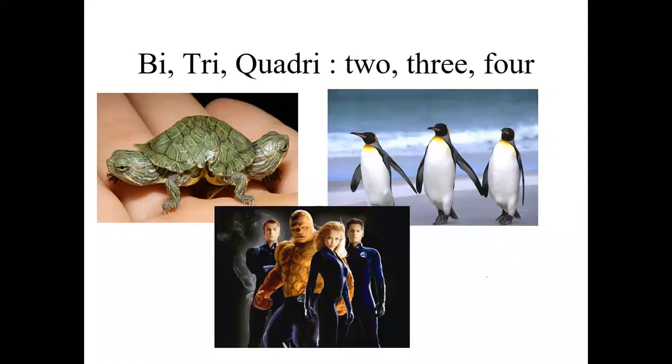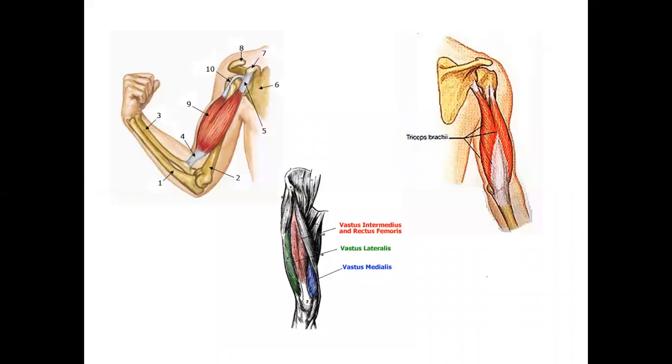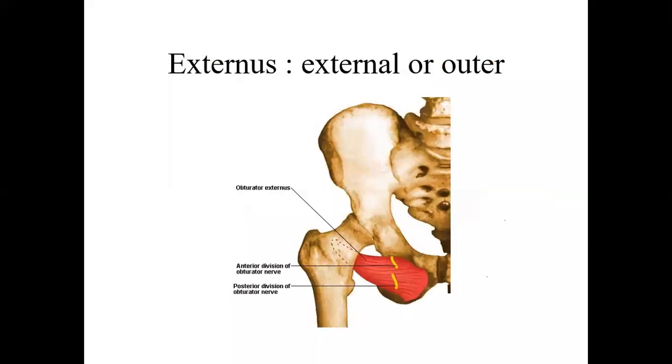Bi, tri, quadri. Bi means 2, tri means 3, quadri means 4. So there we have bi, tri, quadri: biceps, triceps, quadriceps. Some of these are pretty common sense, you guys.